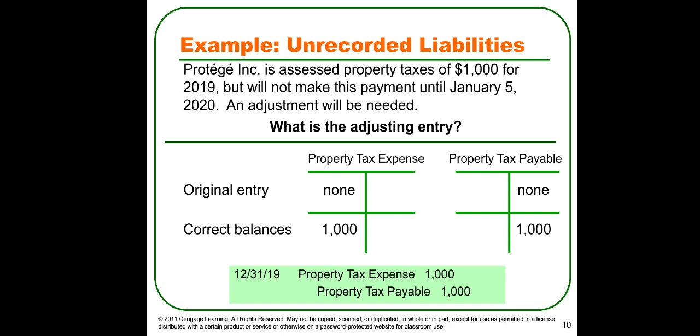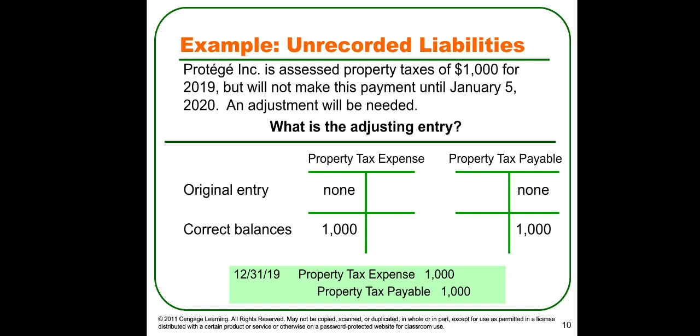If it happened in year 2019, then you have to record it as an expense in year 2019. Not when the business pays the amount of tax, but you record the tax expense when it happened. So given that the tax is for year 2019, you have to record the tax expense in year 2019.